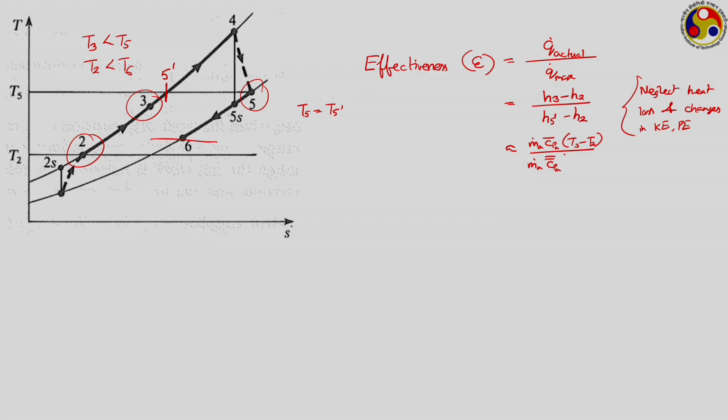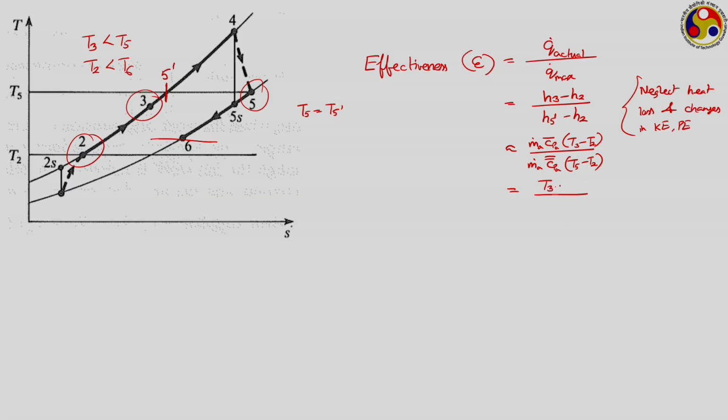This double bar refers to the average value of specific heat for air between the points T5 and T2, into T5 minus T2. If we use the cold air standard assumption, that is all the specific heats and properties are assumed to correspond to the atmospheric temperature, then Cp, Cp bar and Cp double bar are equal to each other. So, we get effectiveness equal to T3 minus T2 by T5 minus T2. As it is a ratio of temperature differences only, this is often called the thermal ratio.